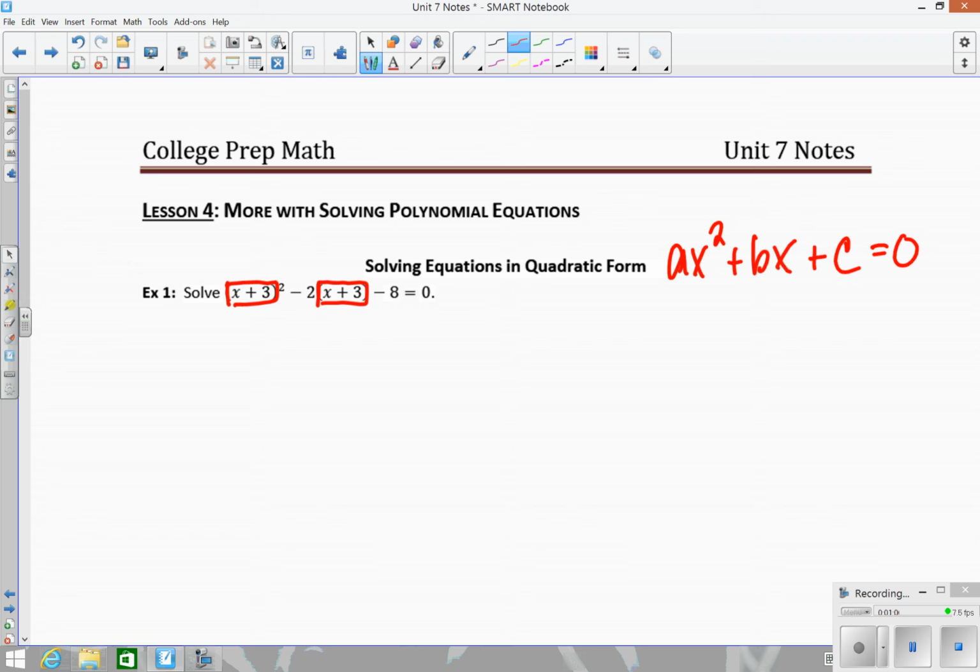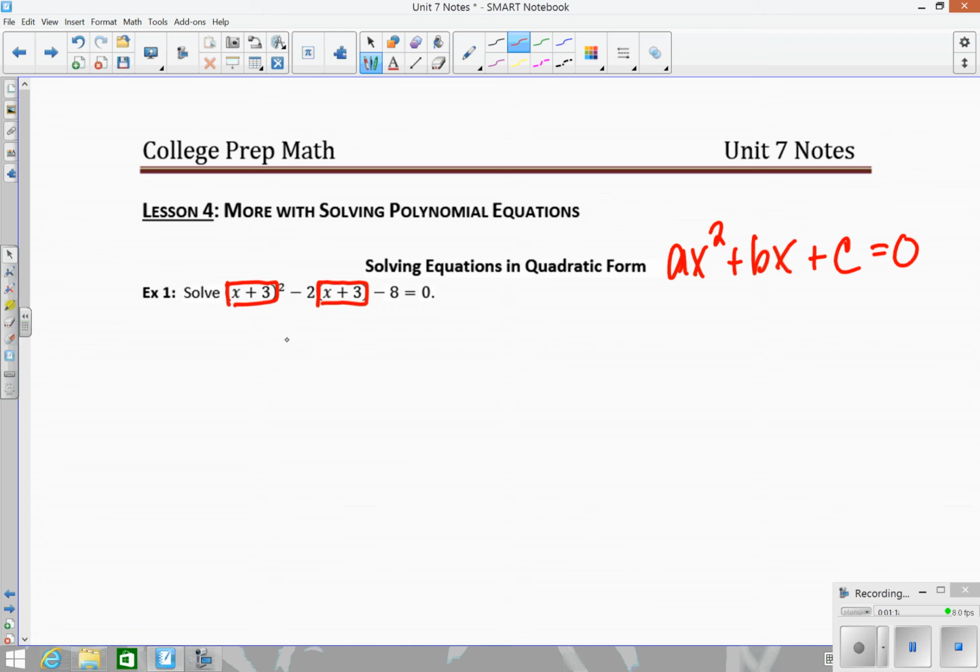So in this case, I have basically my x squared minus 2x minus 8 equals 0. So this is in quadratic form, even though it doesn't really look like it at first because you have this x plus 3 instead of just a single variable.